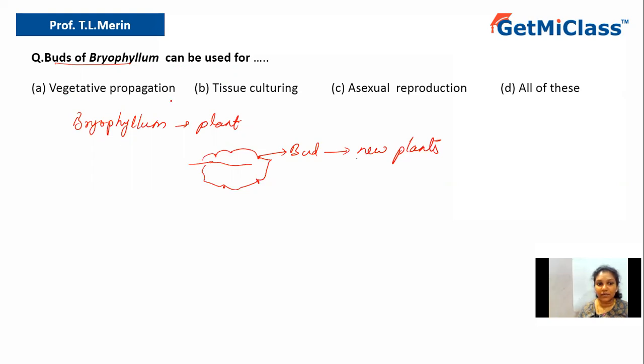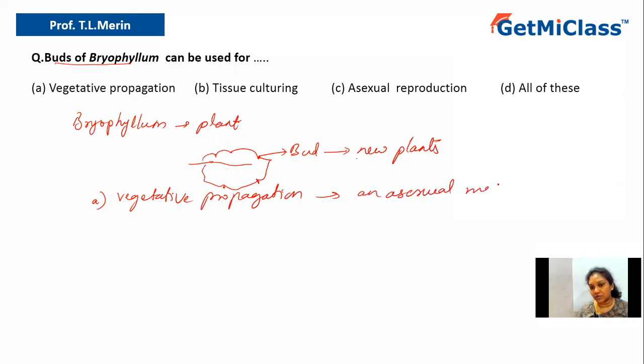So what do you understand by vegetative propagation? Vegetative propagation is nothing but an asexual means of propagation. Why?